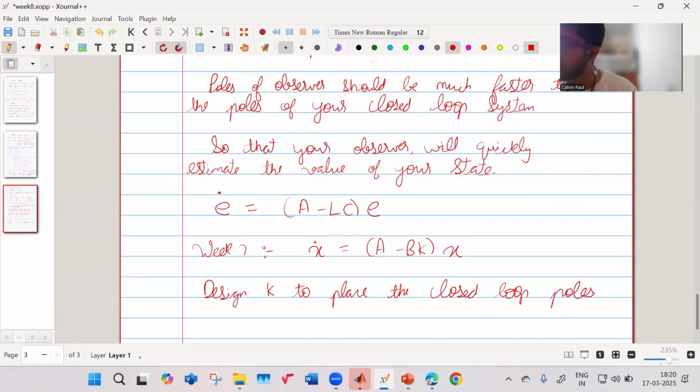Similarly, in the observer, we have to design L to place the poles of the observer.